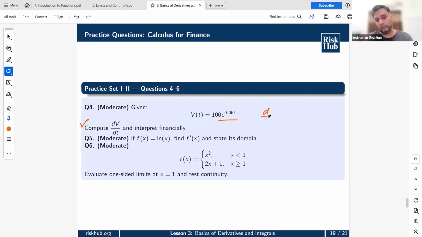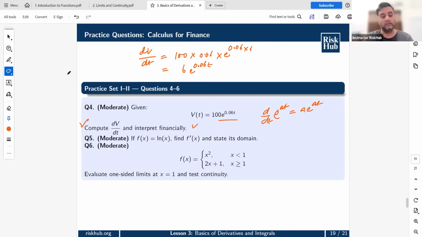If I take d/dt of e^(at), it becomes a e^(at). So dV/dt is equal to 100, and the a comes ahead, which is 0.06, times e^(0.06t). So it becomes 6 e^(0.06t). That is what we have.